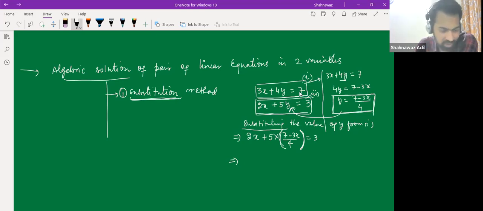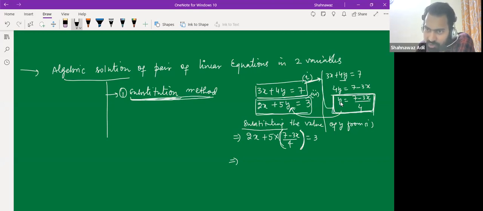Okay, so the first method I talked about is the substitution method. In the substitution method, we find the value of one variable from the first equation. So I found the value of y from this equation, 3x plus 4y equals 7.